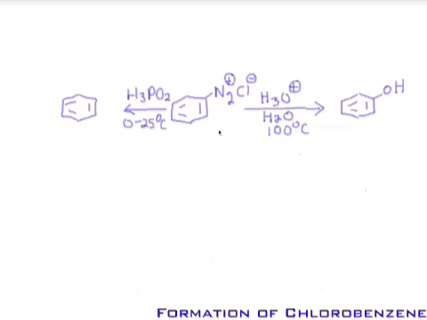We can also make the halobenzenes, even though we can do it with electrophilic aromatic substitution. If we use copper chloride at 50 to 100 degrees C, we can also make chlorobenzene.